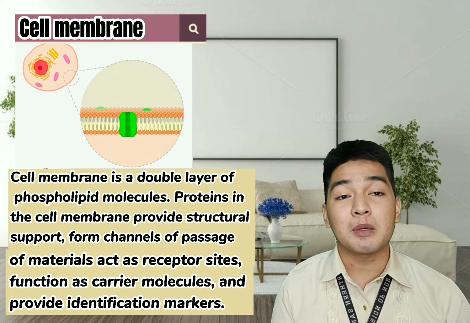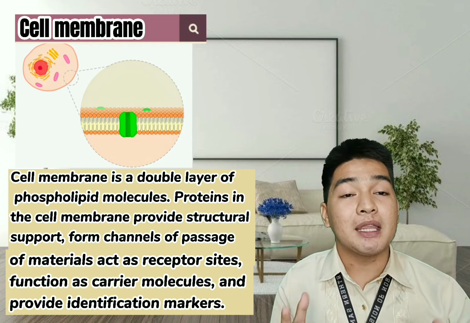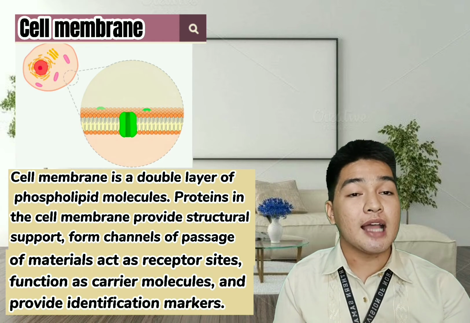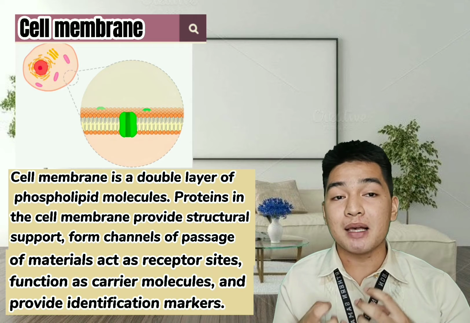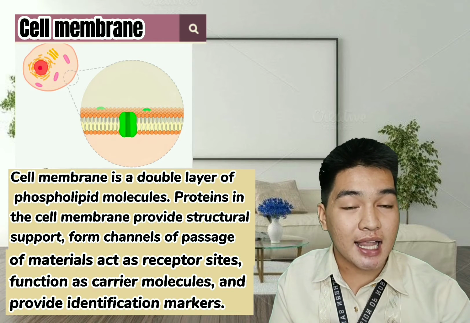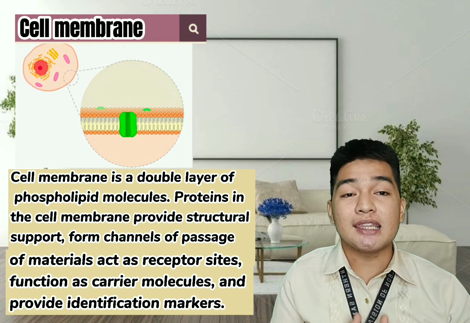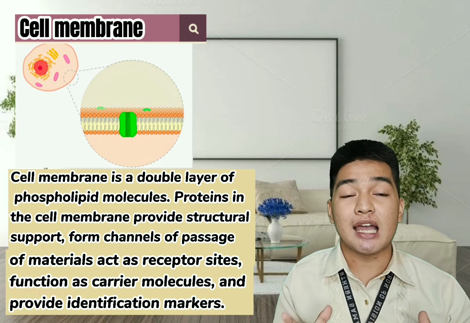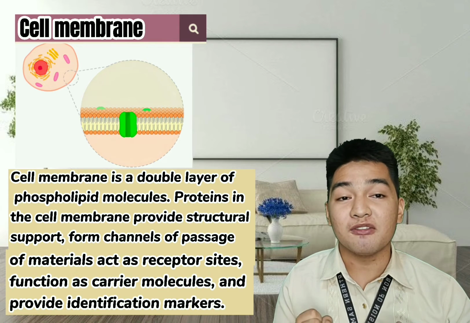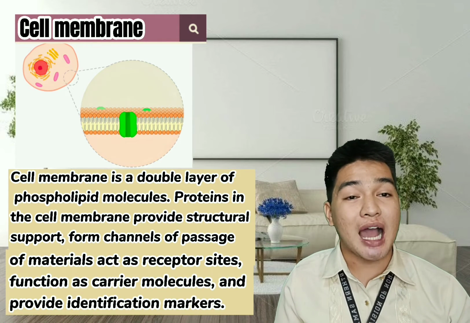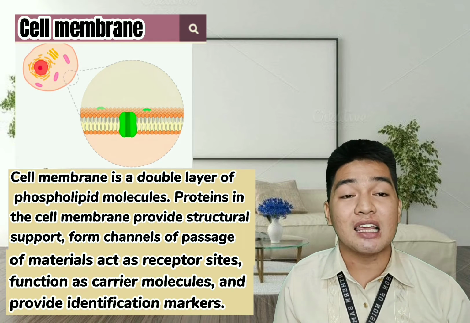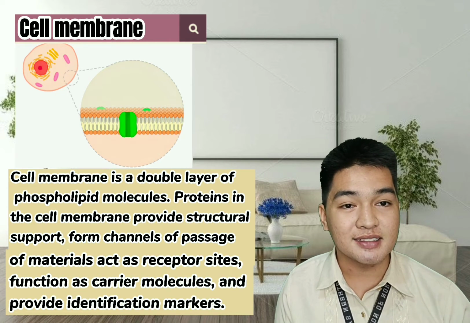It is a semi-permeable kasi pinapapasok niya lang yung importanteng molecule na kailangan ng cell at pinapalabas niya lang din yung mga hindi na kailangan ng cell. Importante siya dahil protection siya ng cell para ma-avoid na makapasok ang mga foreign invaders such as pathogens which are evidently harmful to the cell.